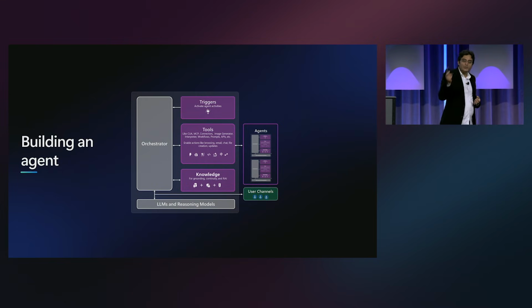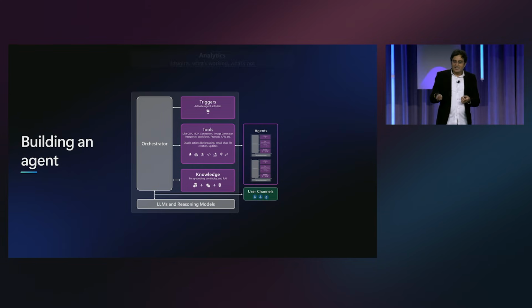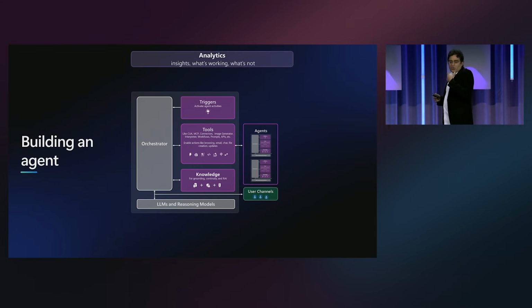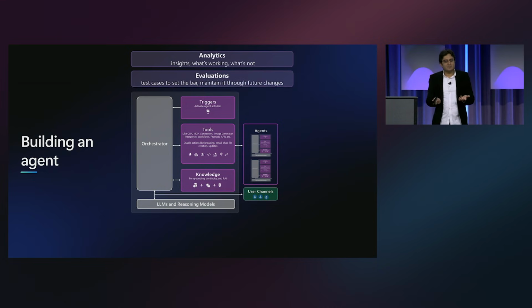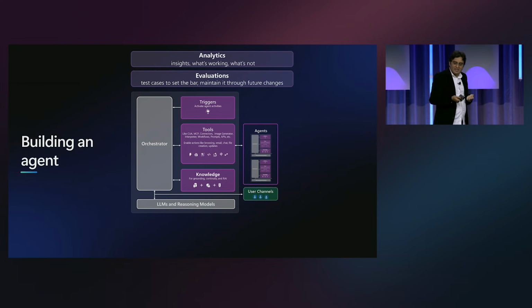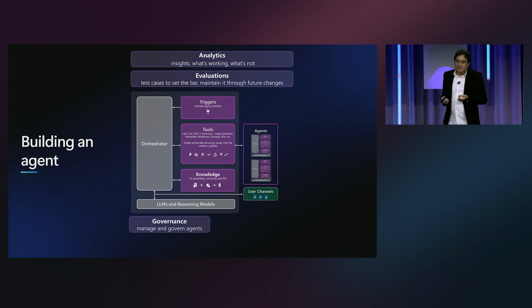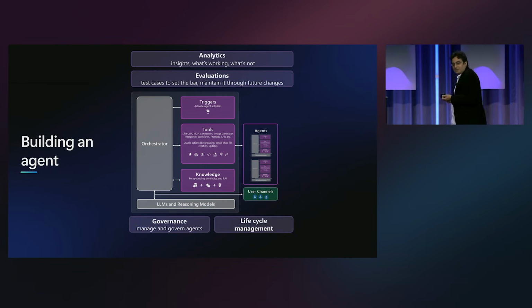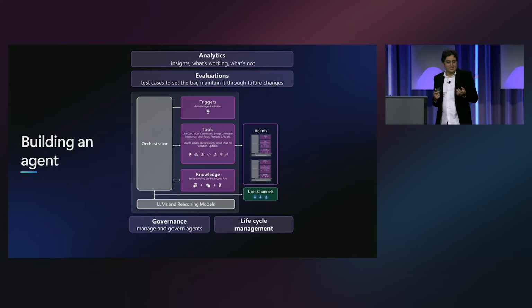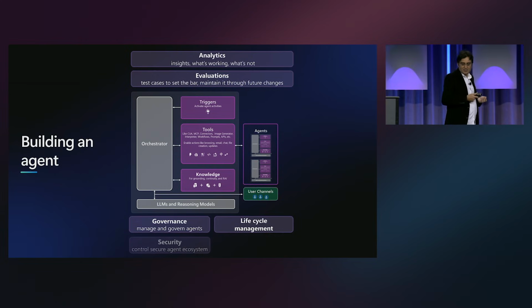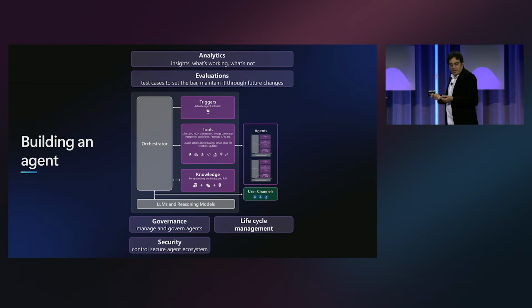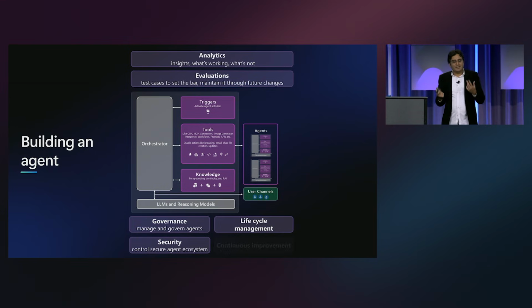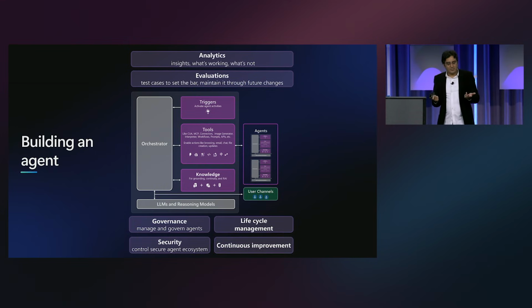Now you need to host all of this, get analytics on it, run evaluations on it to make sure that it gives the expected responses. Make sure your admins can govern and admin it, manage its lifecycle, secure it, and make sure you're meeting responsible AI standards. And of course, continually improve it and iterate on it as new RAG techniques, new models, new capabilities are released.